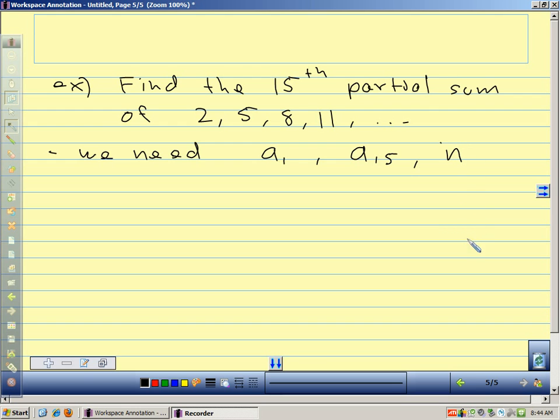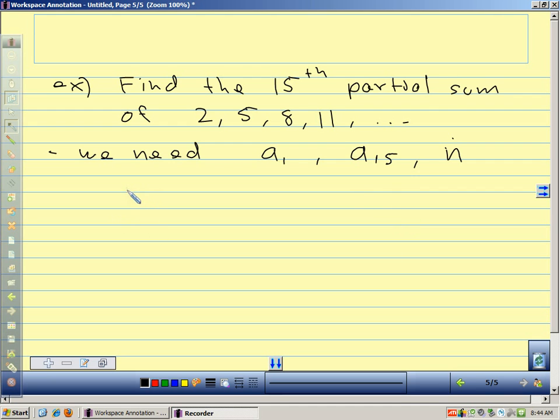So we need those three things to plug into my formula. So how are we going to find a sub 15? What do we have to do to find a sub 15? Anyone? We could keep adding them and do it 15 times. But didn't we just come up with a formula for the nth term?